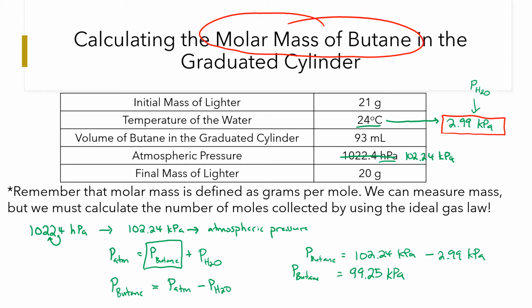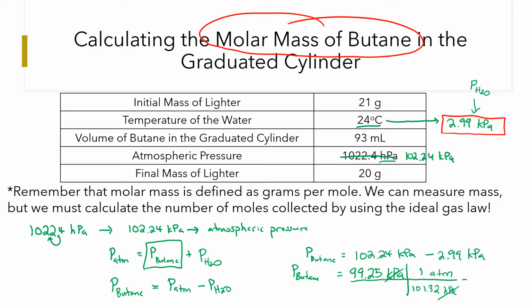But guess what? I want it in atmospheres. So I'm going to convert this to atmospheres now so I can use my R constant that we have in class. So kilopascal, we know that 1 atmosphere is equal to 101.32 kilopascal.